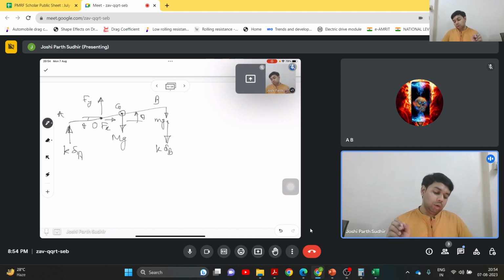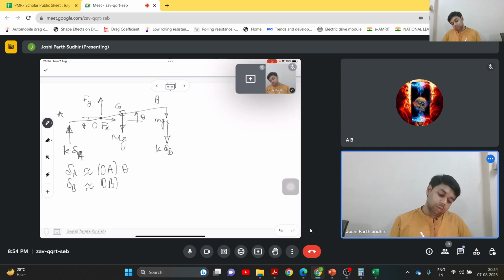The most important thing now is that because the deflections are small, we can write that delta A is nearly equal to OA into theta, and delta B we can write as OB into theta.